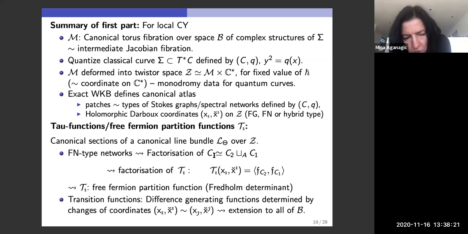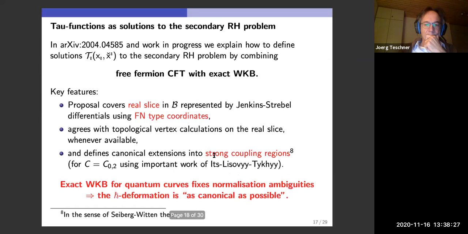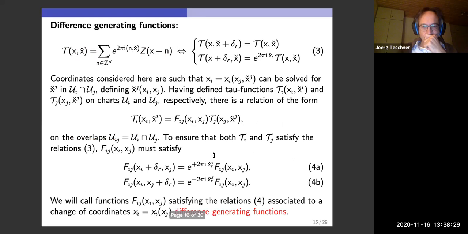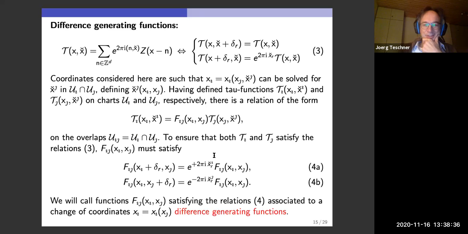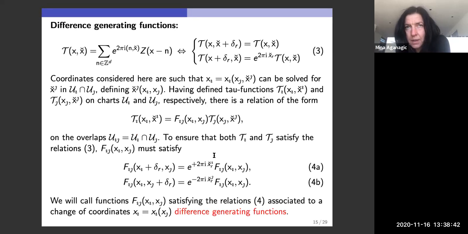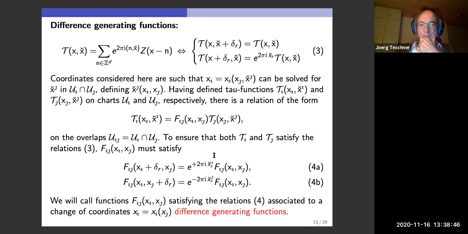Is it g string or g string squared that plays the role of h bar for this problem? I think it is, actually, this is something I should double check carefully. I believe it's g string. G string. Okay. There's probably a reason why you're asking, which probably has to do with the relation between closed and open strings, right?